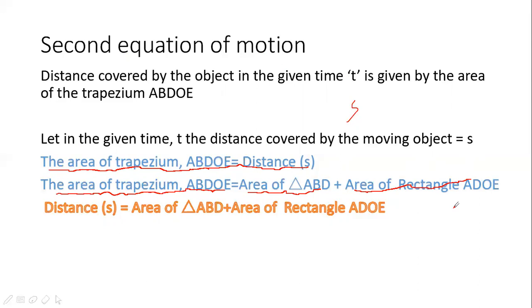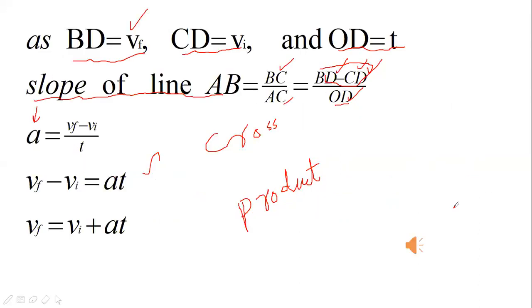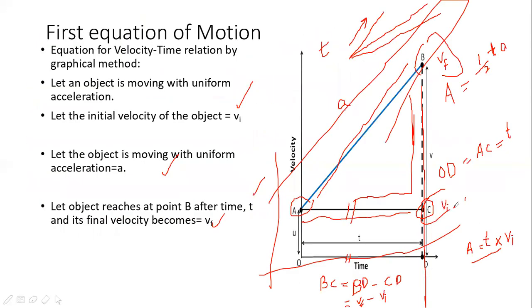But if you calculate collectively, you will get the third equation of motion. So go back to the diagram. There are too many lines, so I will change the color of the pen.